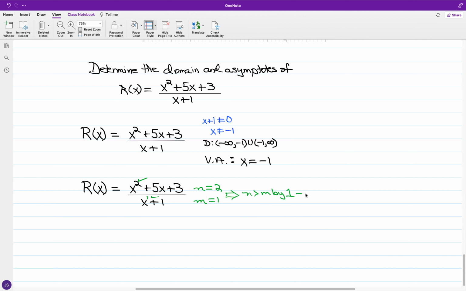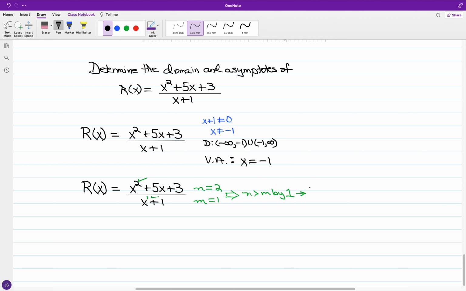So in this case, the other asymptote is a slant asymptote. You can arrive at the slant asymptote by taking polynomial division, and you can go either of two ways this time around.